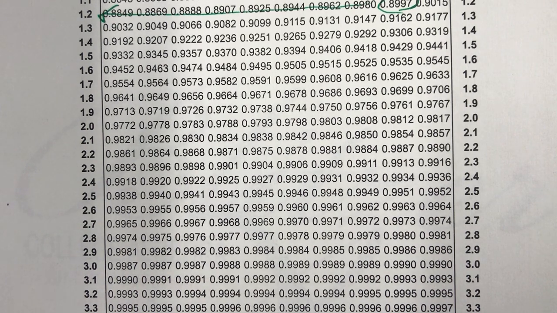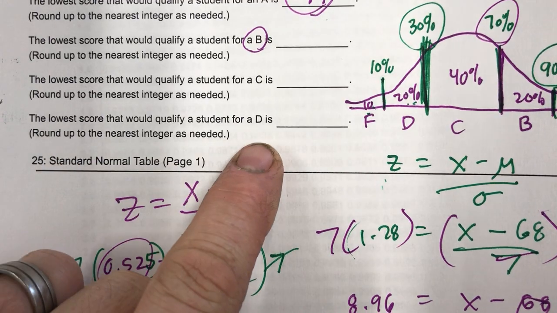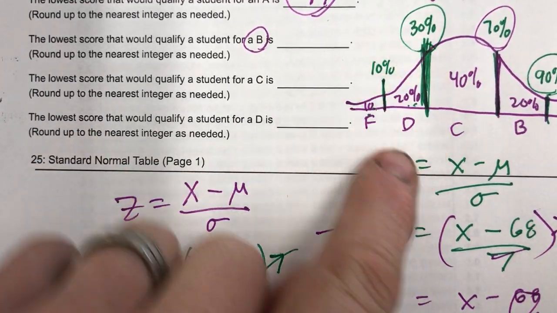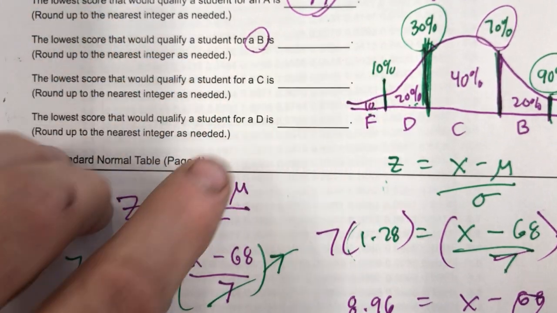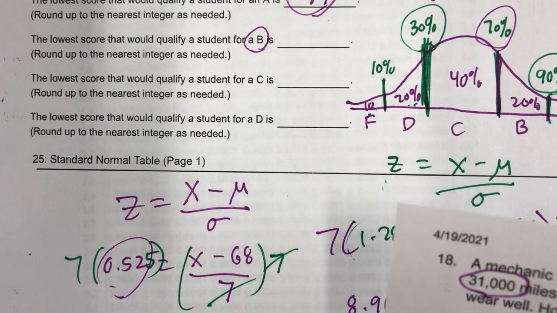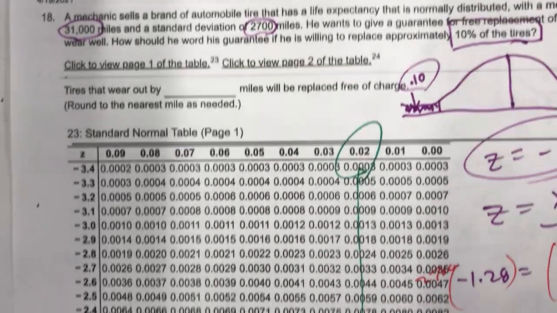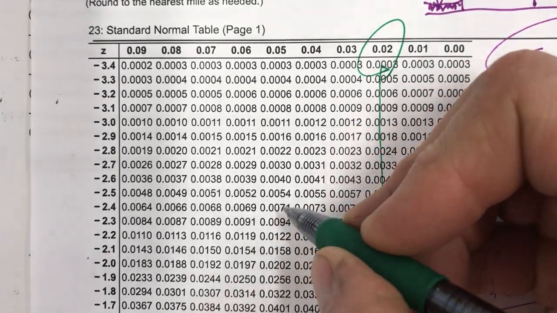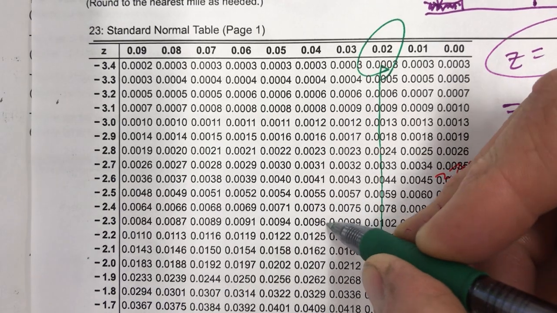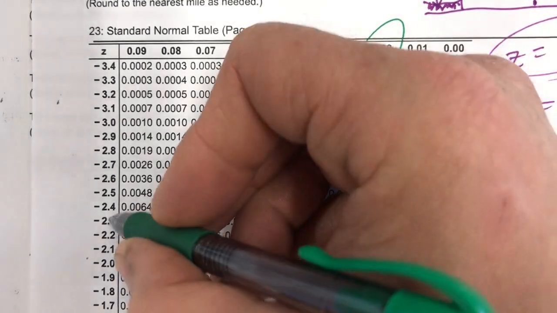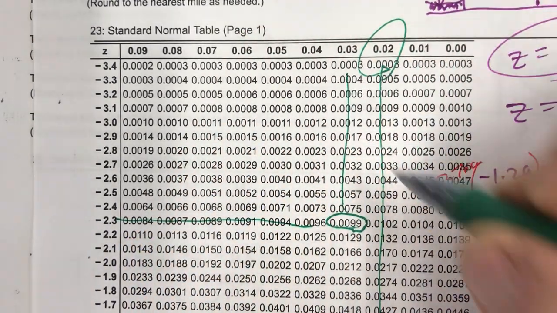And then the last one, I just do the same business. This is wanting the lowest score to get a D. To get a D, that means you're in the 10%. So you look up 10%, which is 0.10. All right, right here, there's the closest right there. Negative 2.33.